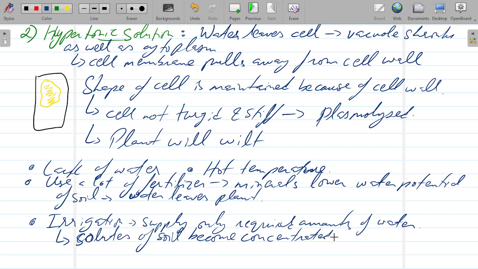And because of that, that land becomes uncultivable over time, because there's so much salt and minerals over there that you just can't grow any plant. It becomes so concentrated.